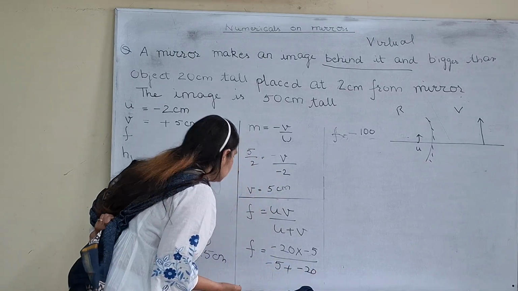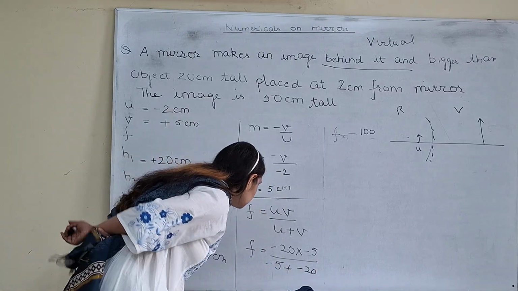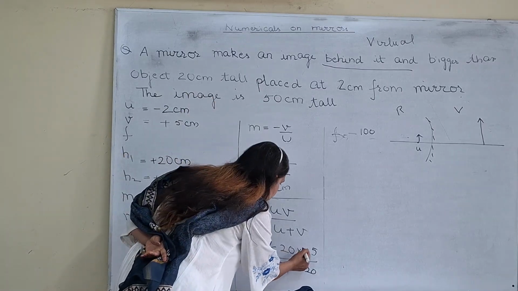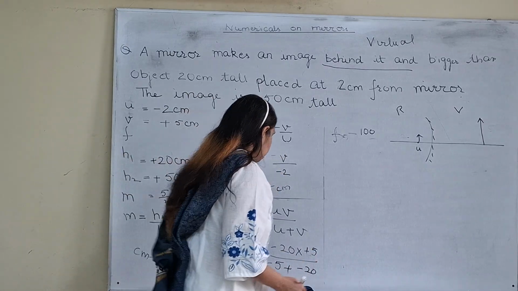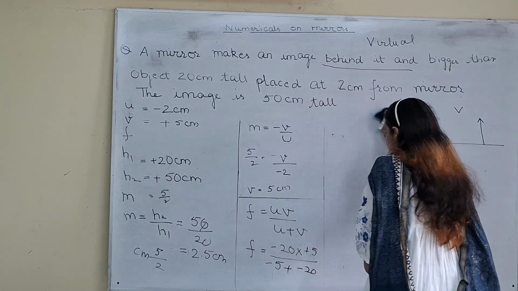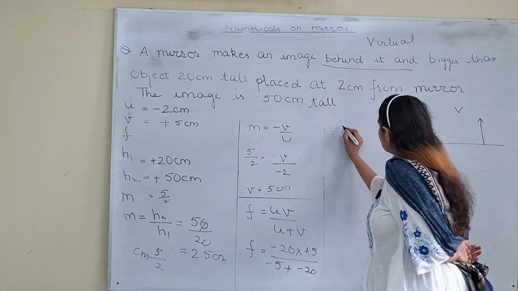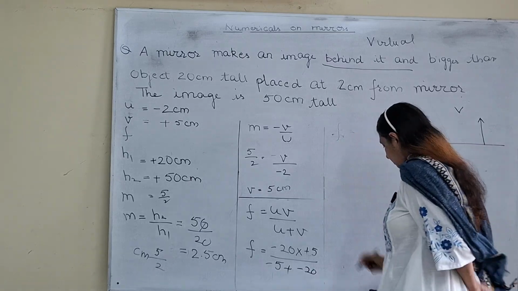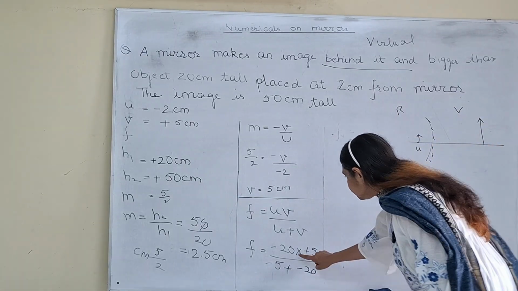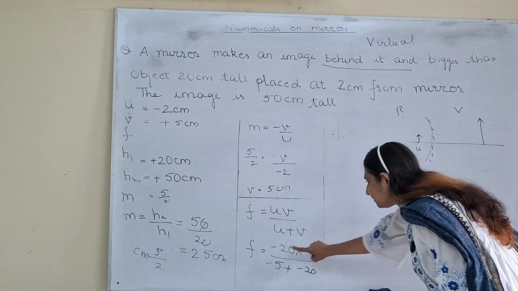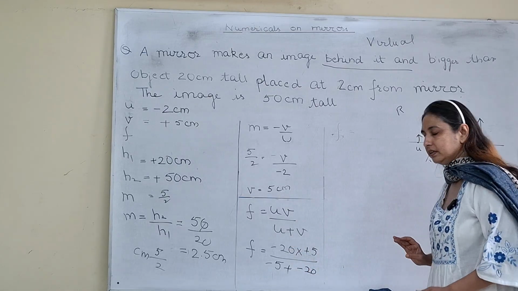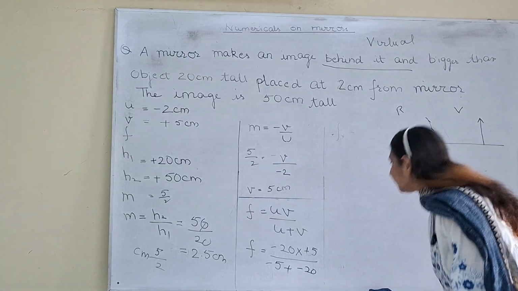Okay, so minus 20 into plus 5. Why am I going wrong in calculations? Okay, now we'll proceed further. We'll solve it. Let the board take some rest. 5 into 20 is 100. Minus 100.